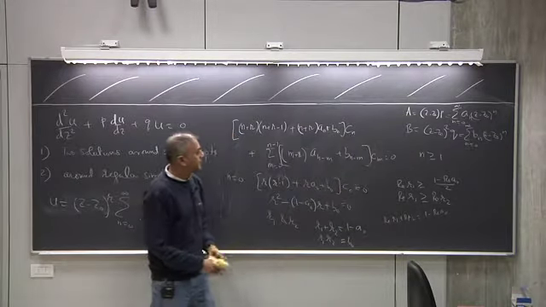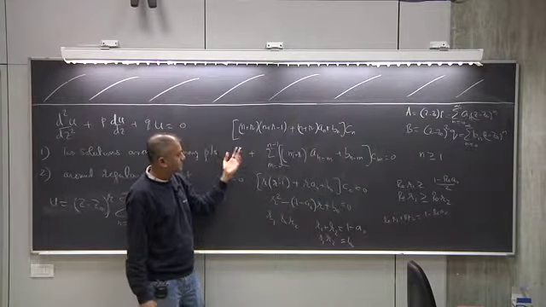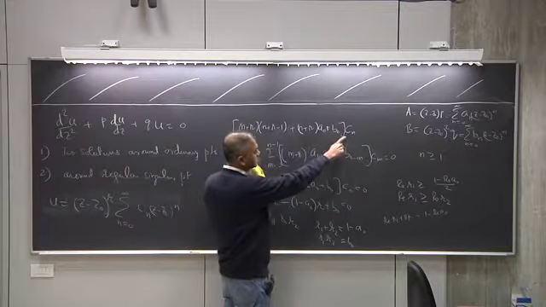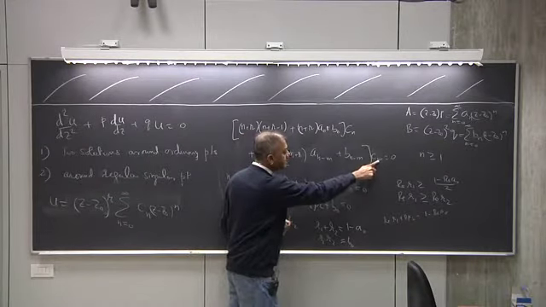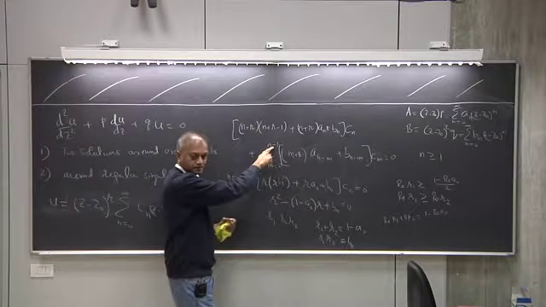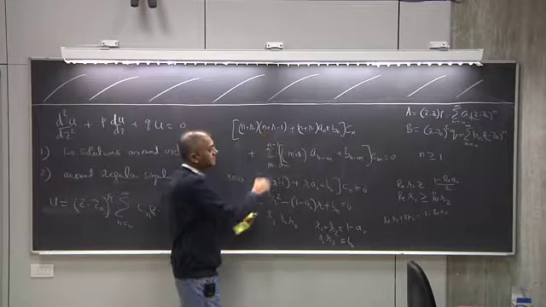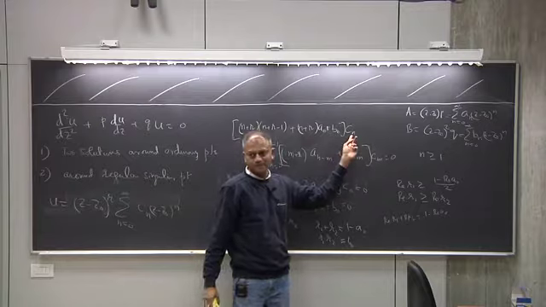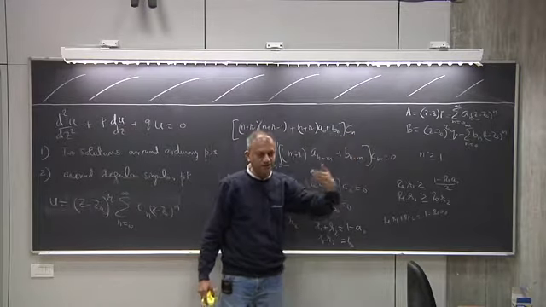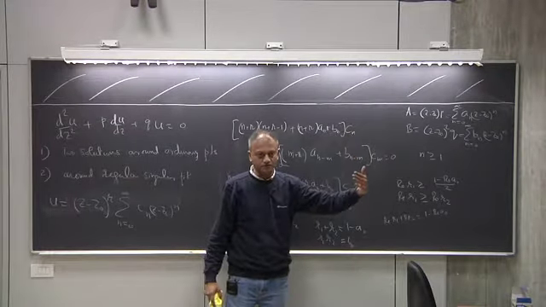What does this equation tell me? It tells me that if I know all the cm up to n minus 1, then this equation allows me to determine cn, right? So this way you recursively determine all the higher coefficients.